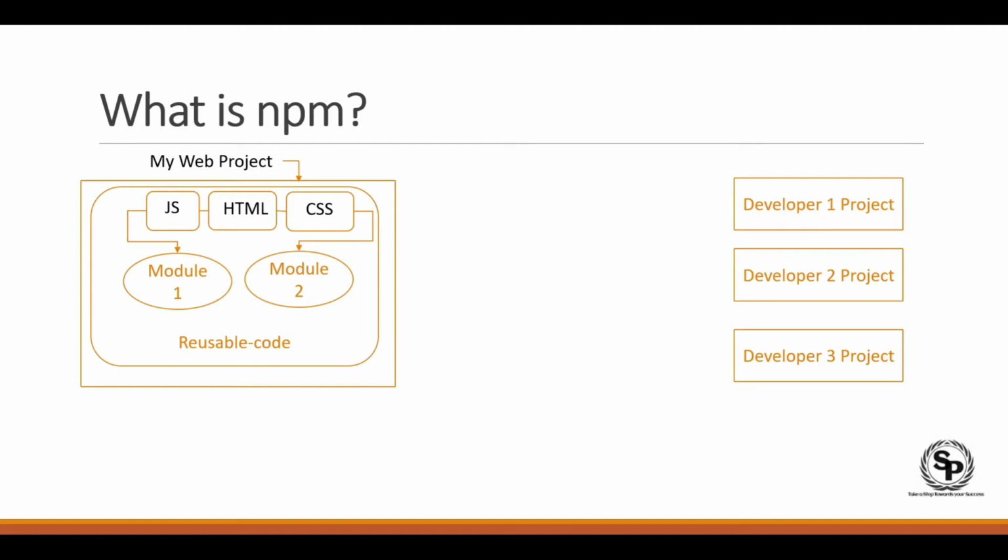So npm comes in this way, and it creates an npm registry. It has a registry because it has a collection of JavaScript packages, all public. There are some private ones as well, but you have to pay for that.